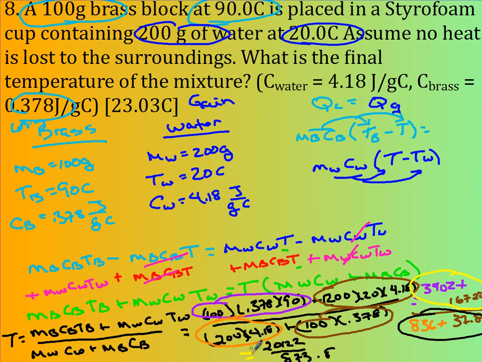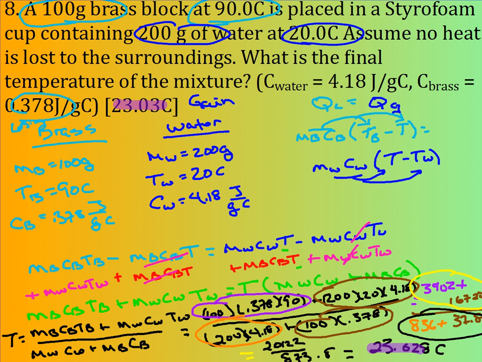Now when I divide 20122 by 873.8, I get an answer of 23.028 Celsius, which, lo and behold, miracle of miracles, that's the answer.